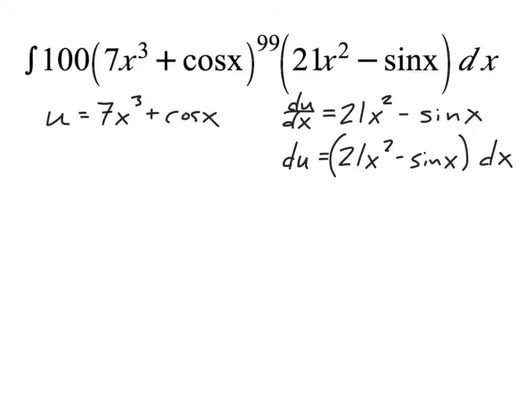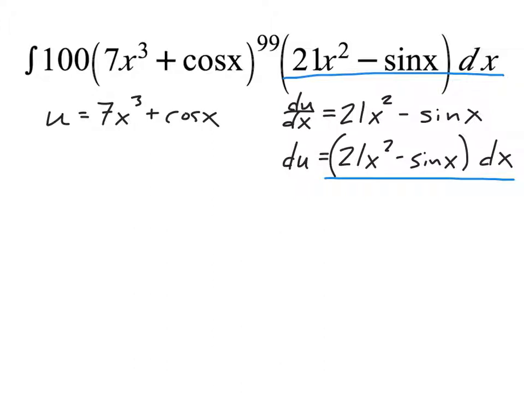Now notice what that did for us though. 21x squared minus sine x dx. Up in my equation, I have 21x squared minus sine x dx. I have the exact same thing. So that when I do the u substitution, I literally am taking this whole piece that I just found that du equals, and I'm going to replace that whole thing with the du.